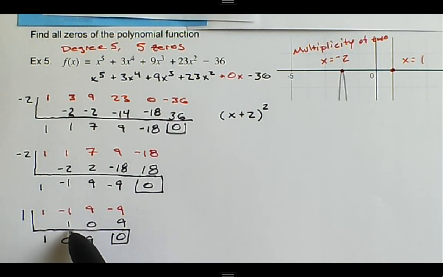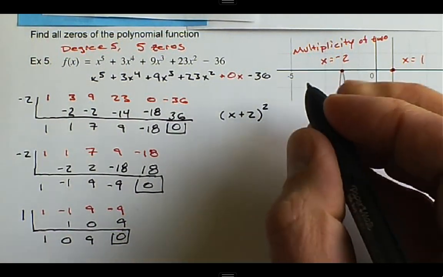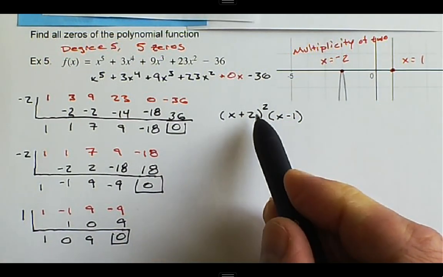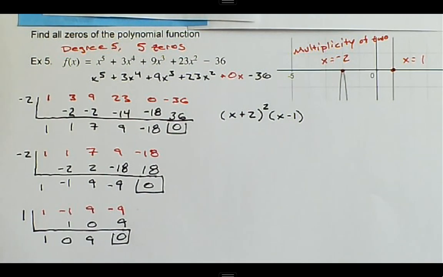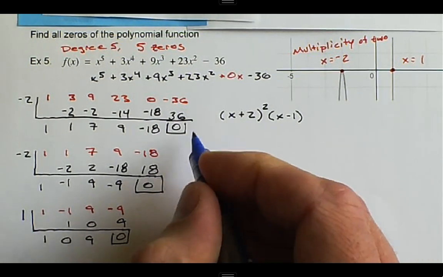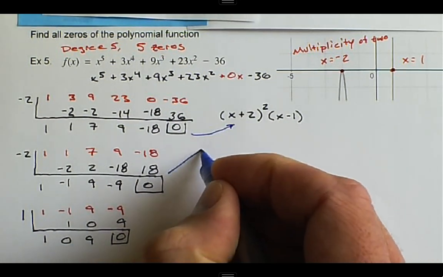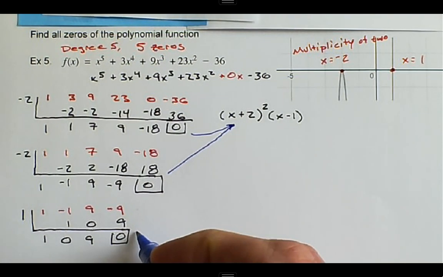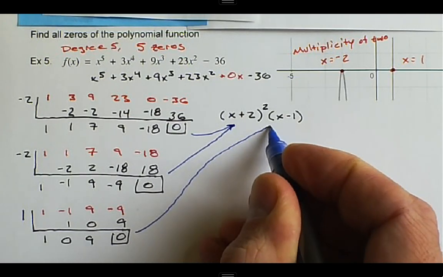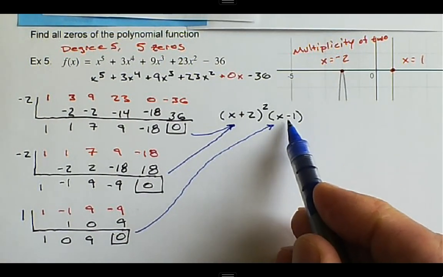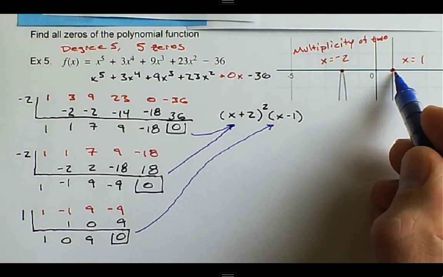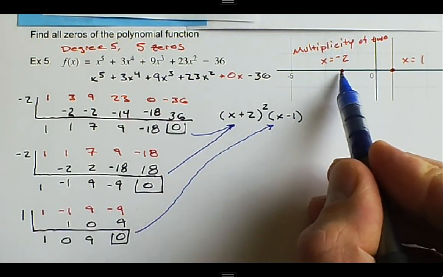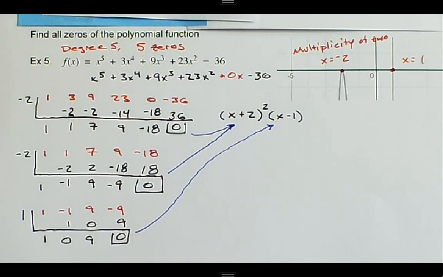And then we have one more factor that we know, and that is going to be x minus 1. So we got our factor right here from these two synthetic substitutions, and then we got our last factor from this. Now, x minus 1 is our factor for our zero here, and x plus 2 squared is our factor for the double root at -2 there.